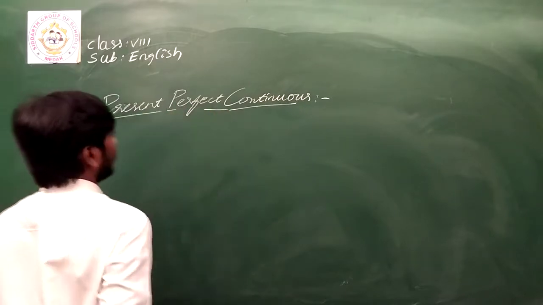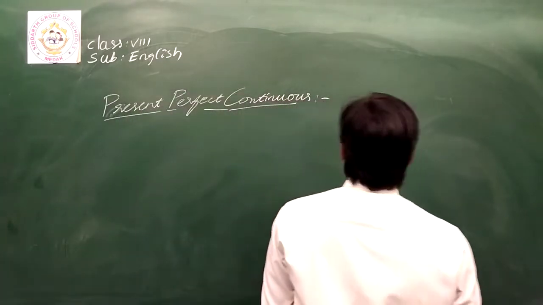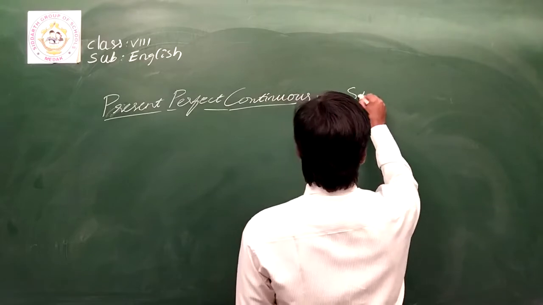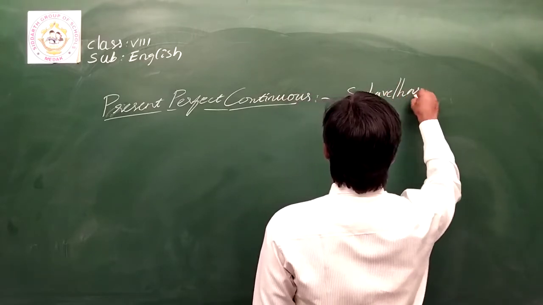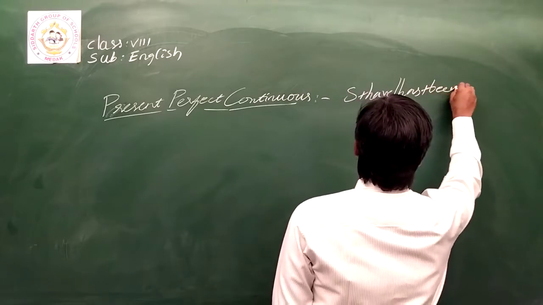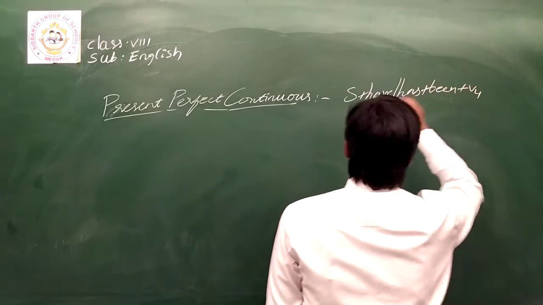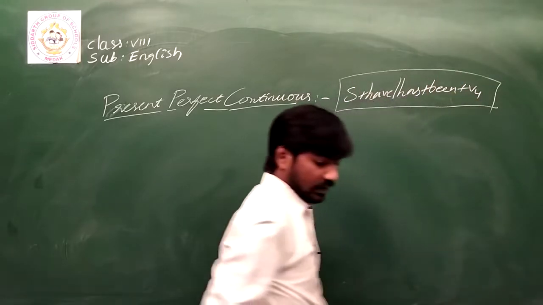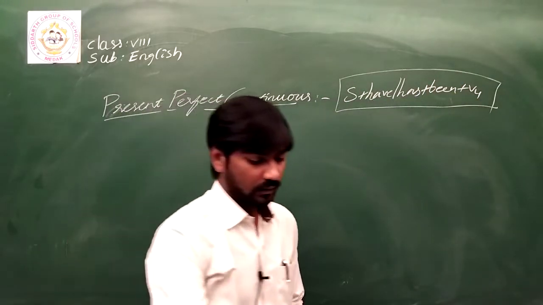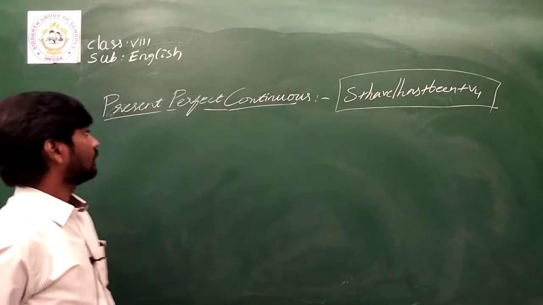First let me write the structure, then afterwards I will give you the explanation. Subject plus auxiliary verb have or has plus been plus V-ing. So look here, it is a structure.